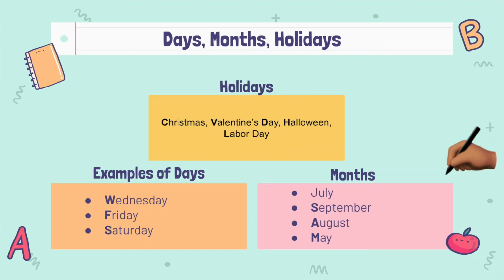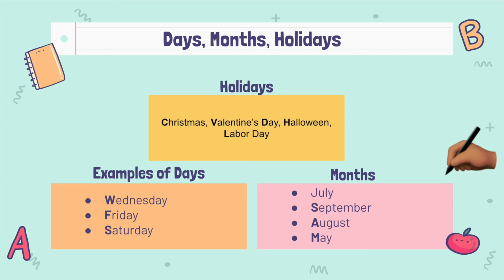Our third rule of capitalization is days, months, and holidays. For example, holidays are capitalized such as Christmas, the C, V for Valentine's, and Day as well. So Valentine's Day, the first letter of each word needs to be capitalized. H for Halloween, and L and D for Labor Day. Examples of days capitalized: Wednesday, Friday, and Saturday.